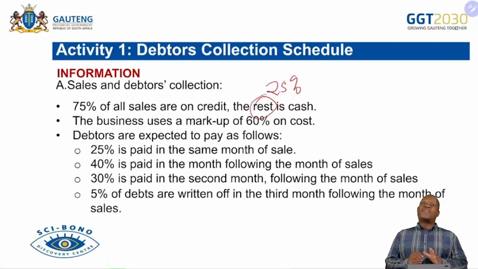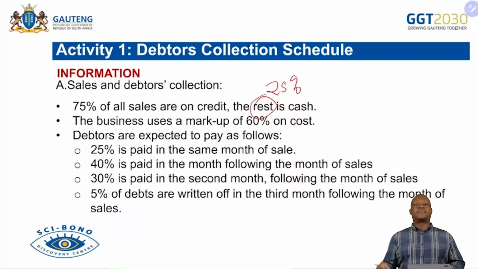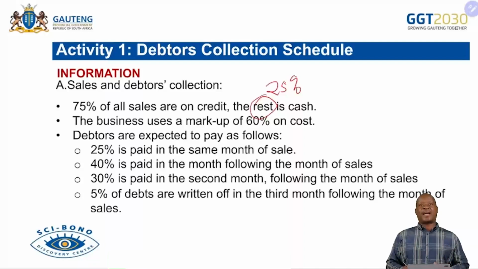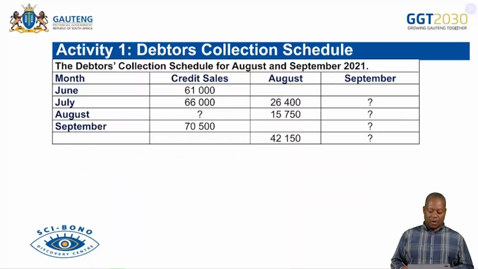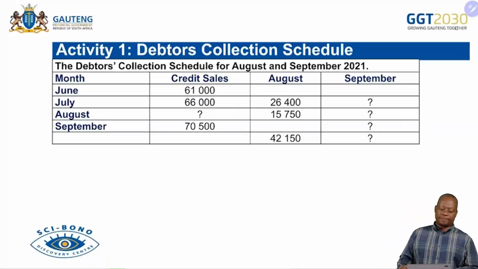And the amount that you have not received in these 3 months, when it comes to April, we already know these guys are not going to pay us. So we are going to write it off as bad debts. So that 5% is not going to be collected. You wait for 3 months, 5% is written off as bad debts.